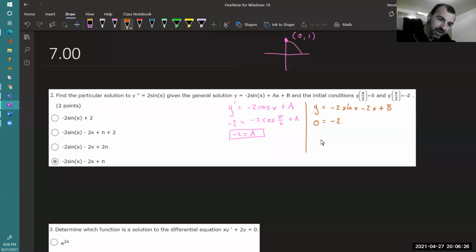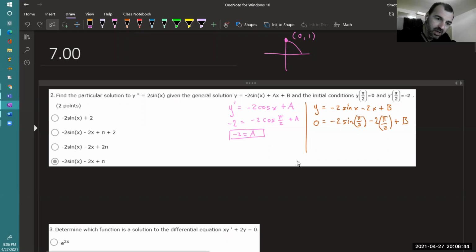I'm going to evaluate this guy at pi over 2: -2 sine of pi over 2, minus 2 times pi over 2, plus b. Now, the sine of pi over 2 is going to be 1, right?